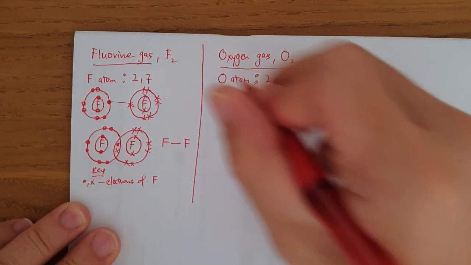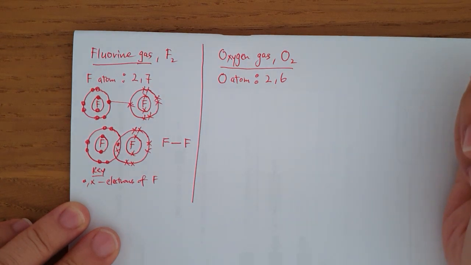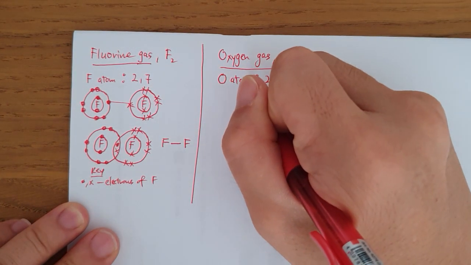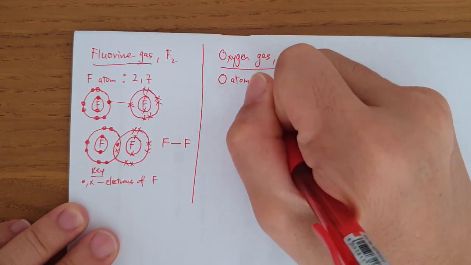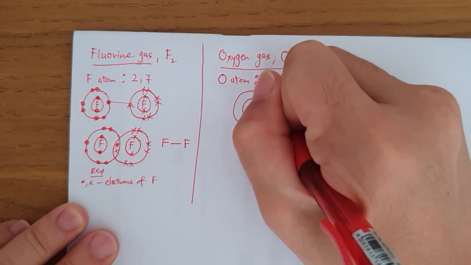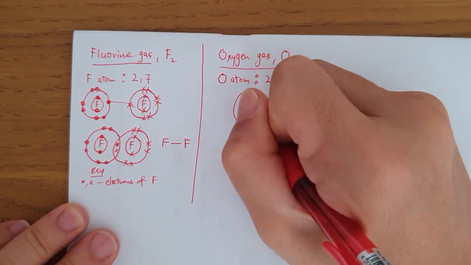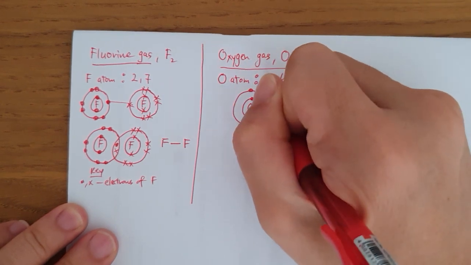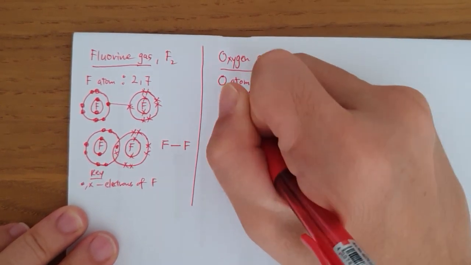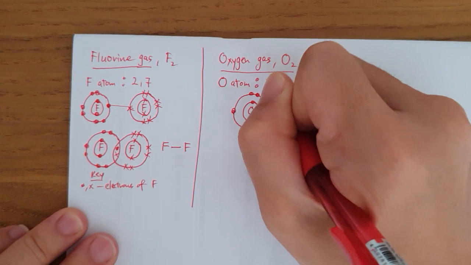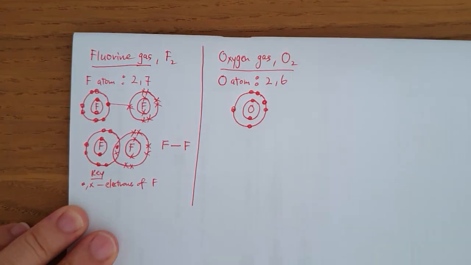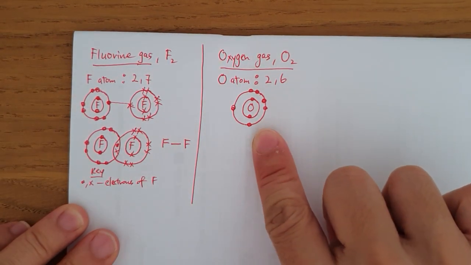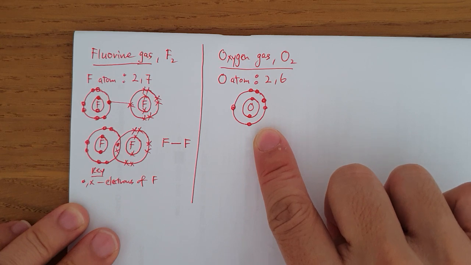So let's draw the electronic structure of your oxygen atom first. 2 electrons, then 1 2 3 4 5 and 6. So this is an oxygen atom, 2 6.